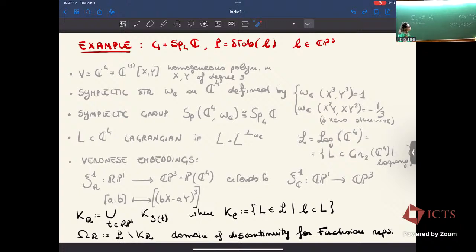So here maybe we don't even have the representation. You should think of this as the domain of discontinuity for Fuchsian.